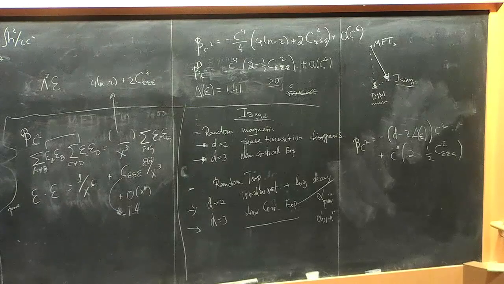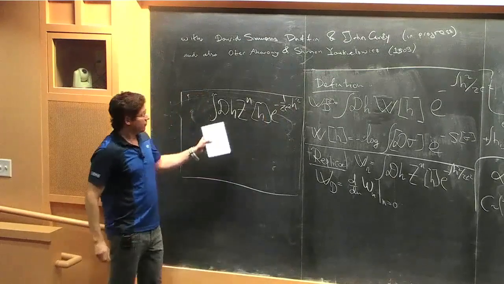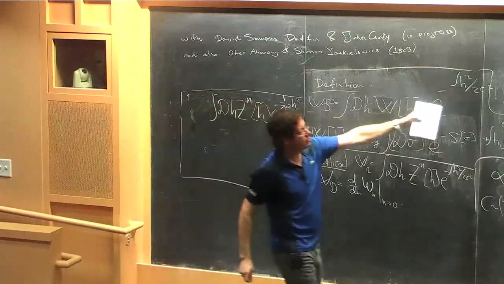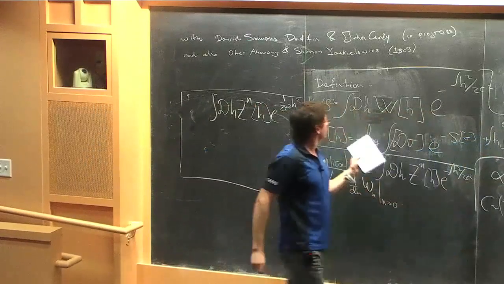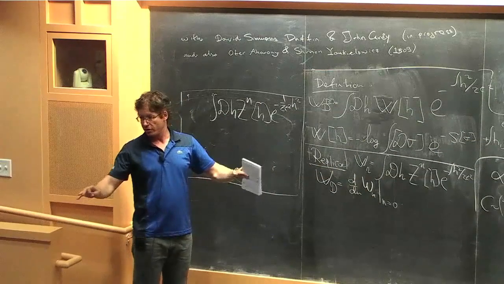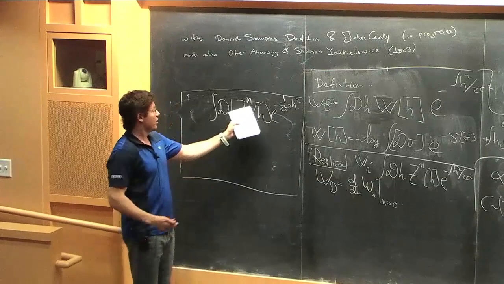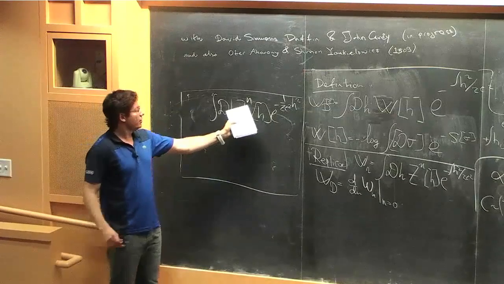So we have the integral of dh, Z to the power n of h, e to the minus 1 over 2 C squared h squared. Okay, this is what I start from. This is just W_n. Now, C changes as you change the renormalization scale in a way that depends on n. Because this is the number of copies, and there is an n here.